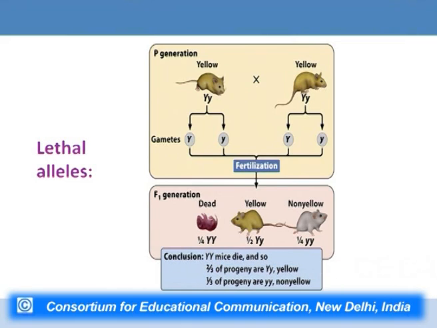All the individuals who are capital Y capital Y will die in embryonic stage only. So we will get 2 by 3 of the progeny who are yellow and 1 by 3 of the progeny which are non-yellow.